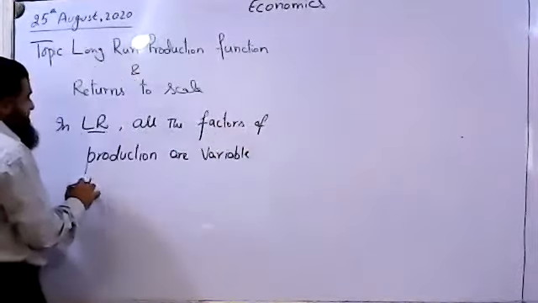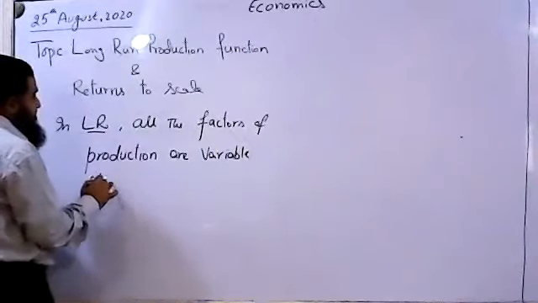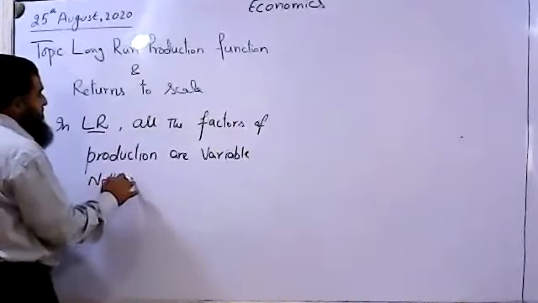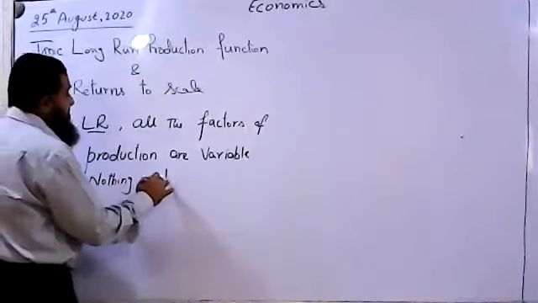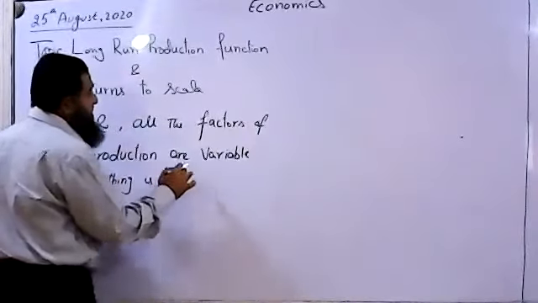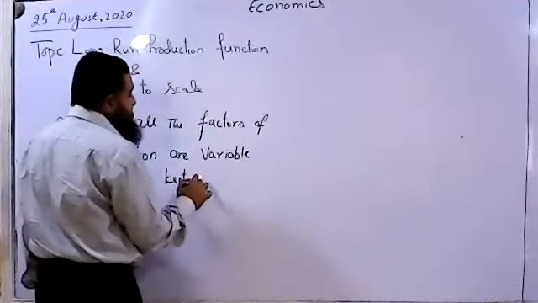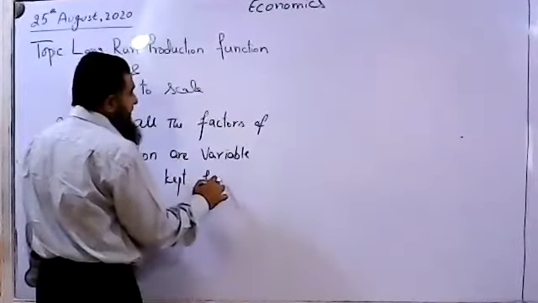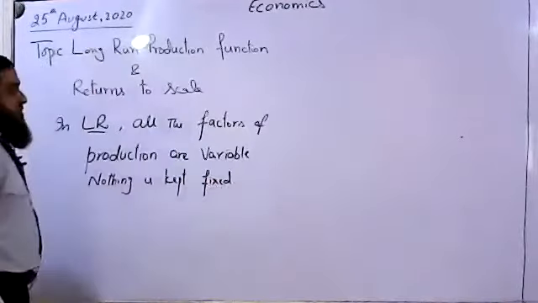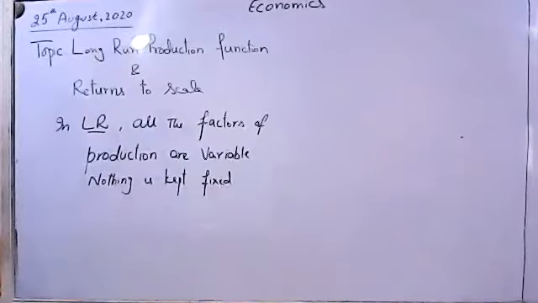Nothing is kept fixed. Now capital is also variable, the piece of land is also changed. So when all factors of production are variable, we say this is the long run production function.